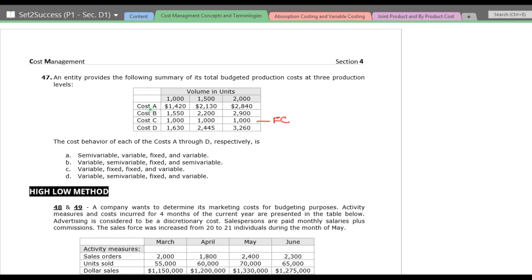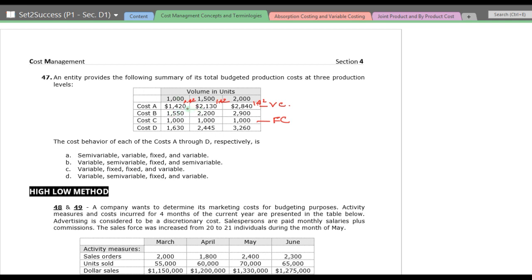Now let us see cost A. 1,420 by 1,000 gives 1.42, 2,130 by 1,500 is 1.42, and 2,840 by 2,000 is 1.42. So cost A is variable cost because per unit it is the same.